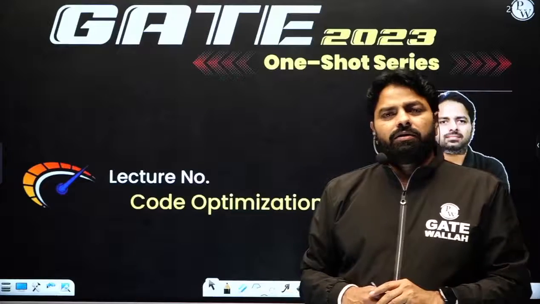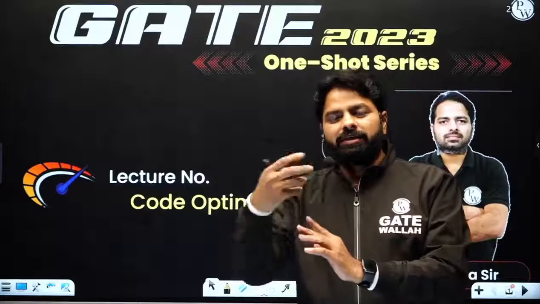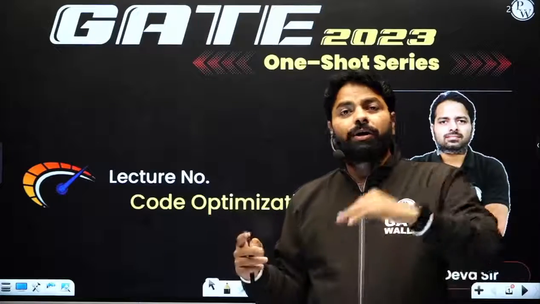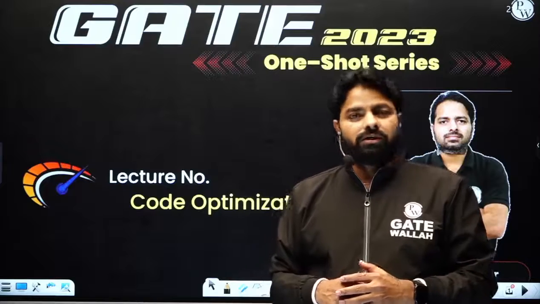Code optimization can be in terms of time or space. So you may save the time to execute the code, or you may save the space, or you may save both time and space.